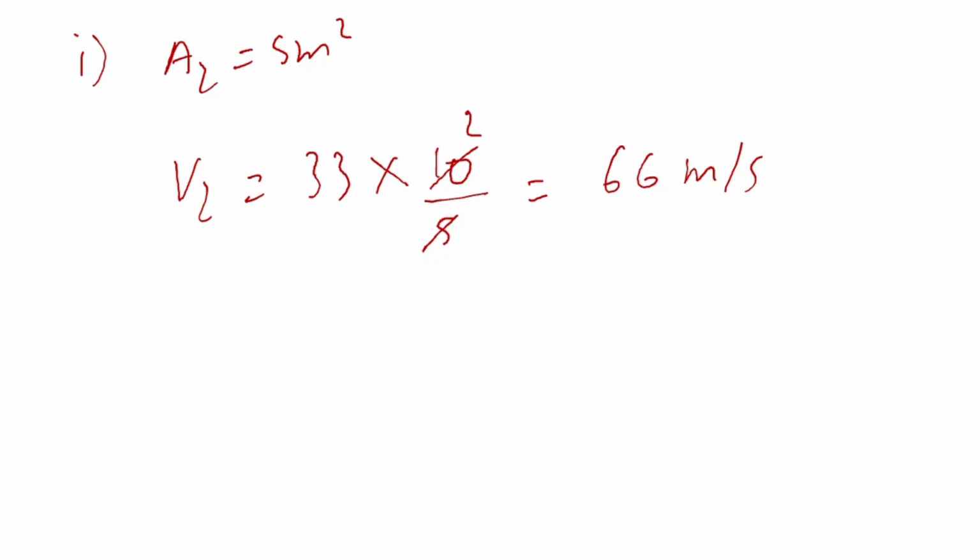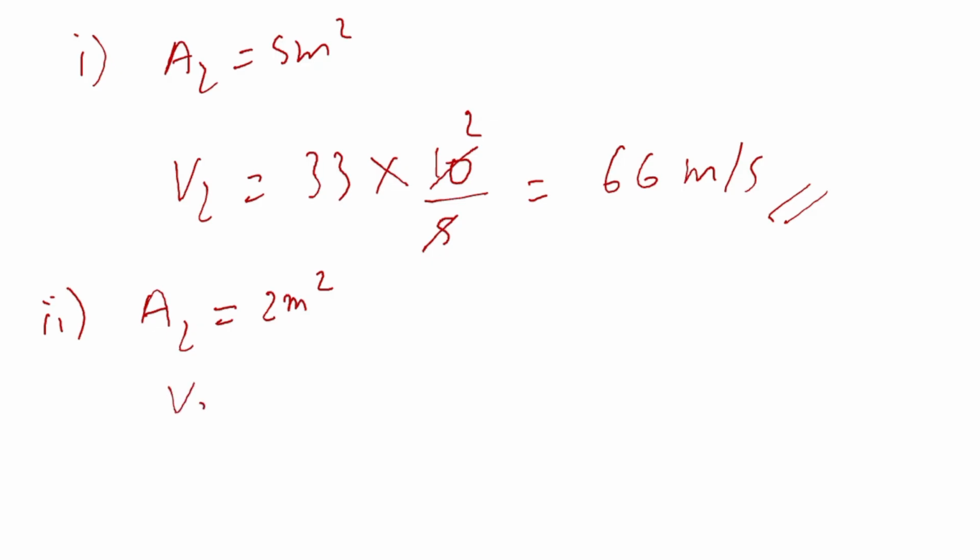Okay, so you got the answer for the first part. Now you have the second part where the inlet velocity stays the same and the area of the inlet stays the same. Now the outlet is further converged or reduced in size. So essentially we are trying to see what happens if we are constantly reducing the area of the outlet. So we reduce the area to 2 meters square.